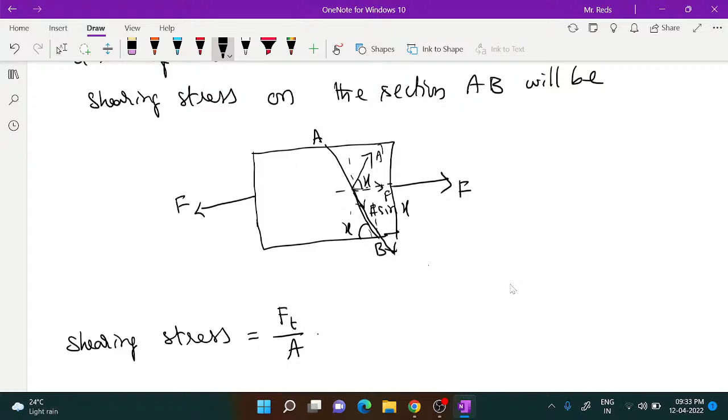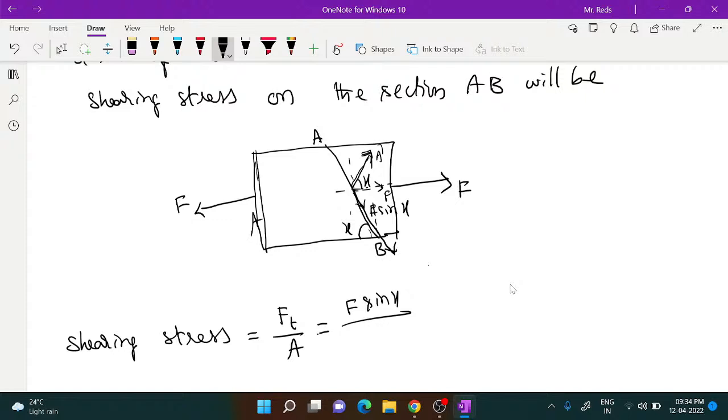Let us consider the uniform cross-sectional area as A. But what is the area of this section? The tangential force is F sin x, but the area of this section we take as A dash.